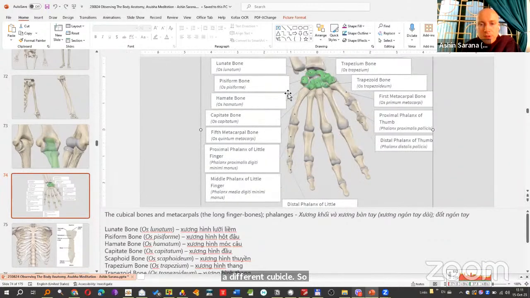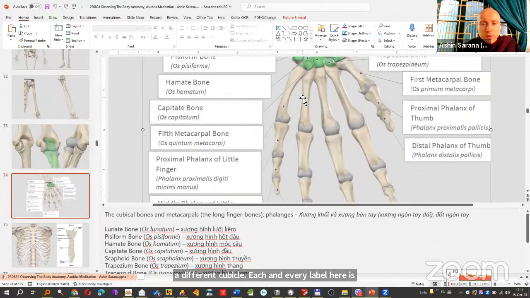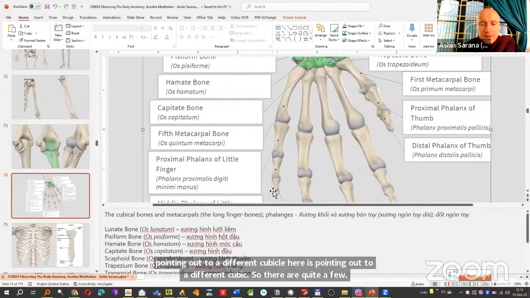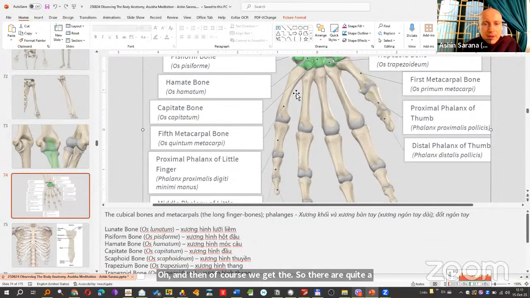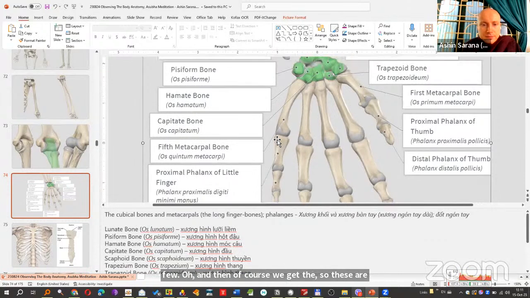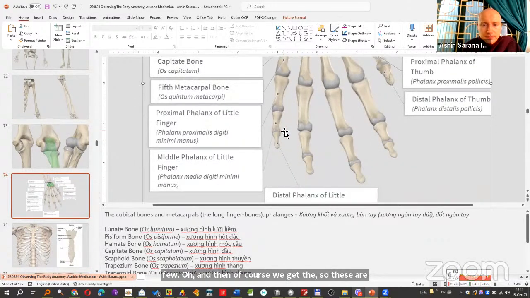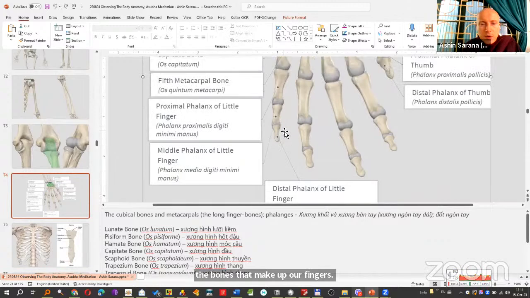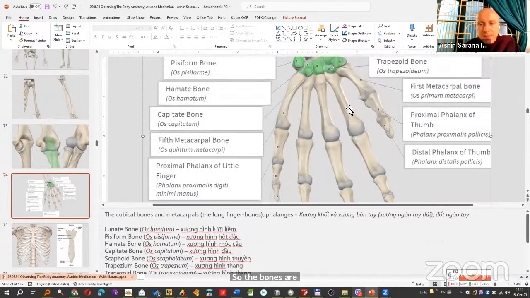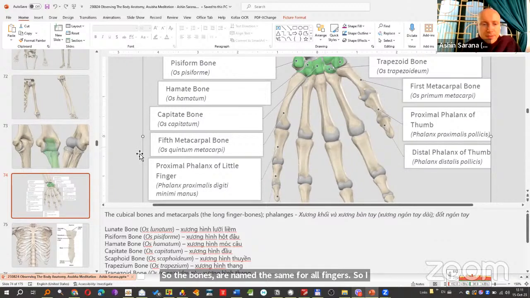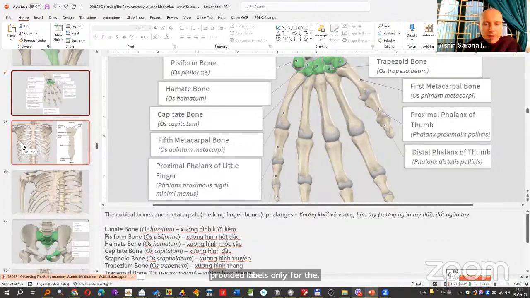Oh, and then of course we get the phalanges. So these are the bones that make up our fingers. The bones are named the same for all fingers, so I provided labels only for the pinky and for the thumb.